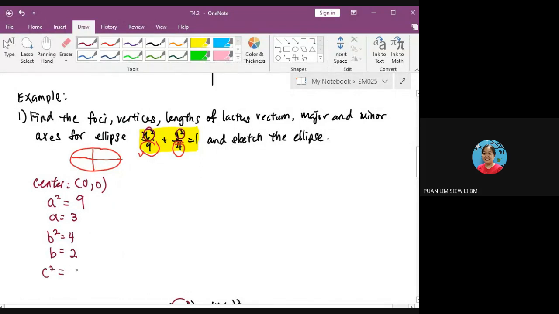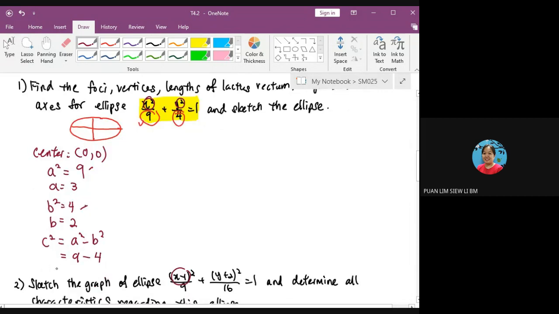C square is A square minus B square, not 4 minus 9, be logical. So 9 minus 4 is 5, and C is square root 5.